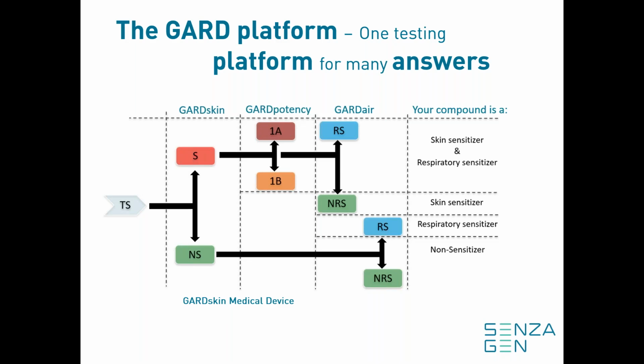You can test it for skin sensitization, you can test it for respiratory sensitization, you can also say if the compound is both a skin and a respiratory sensitizer, and you can also draw the conclusion that the compound is a non-sensitizer. And of course, if you have then identified your compound as a skin sensitizer, for example, you can also add the GARD potency measurement, which is capable of subclassifying your skin sensitizer as either a strong sensitizer or a weak sensitizer.